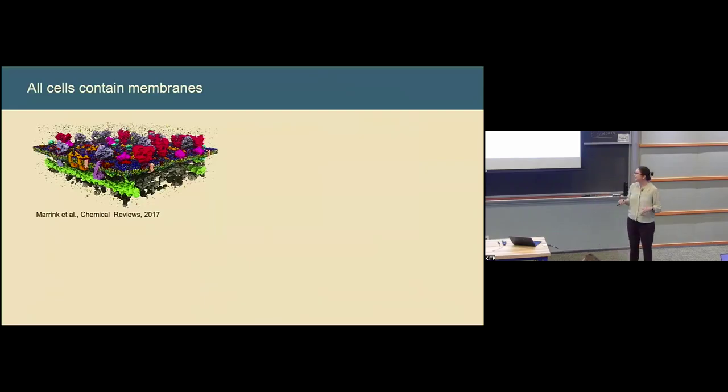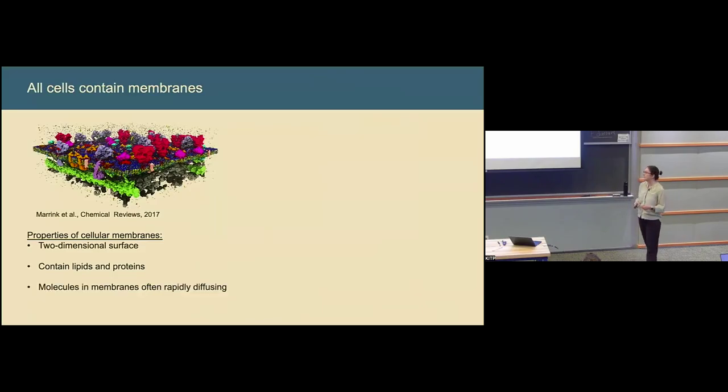And so membranes have a lot of really interesting properties, which we already heard about throughout this conference. They are a two-dimensional surface, and we've heard how really interesting physics and chemistry can happen on surfaces and at interfaces. So membranes are a very large surface in the cell. They contain this complex mixture of macromolecules, including proteins and lipids.